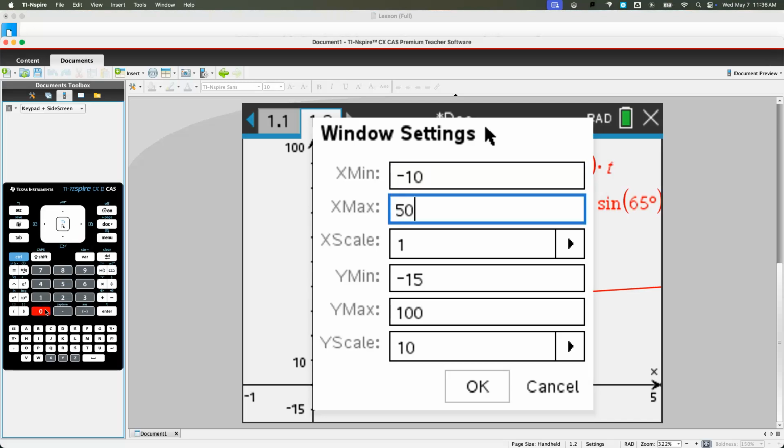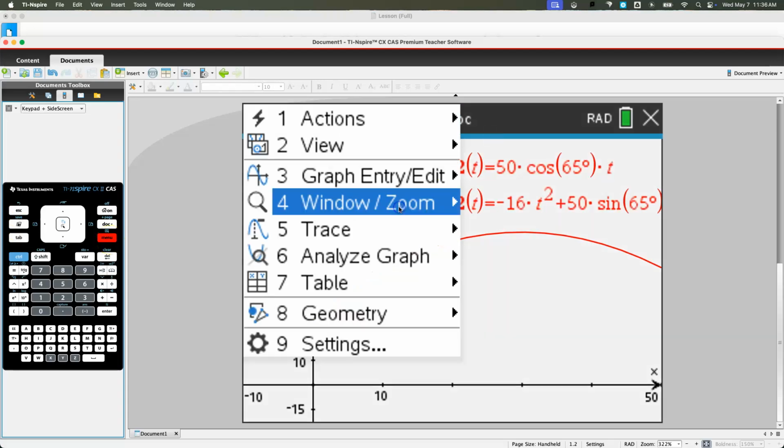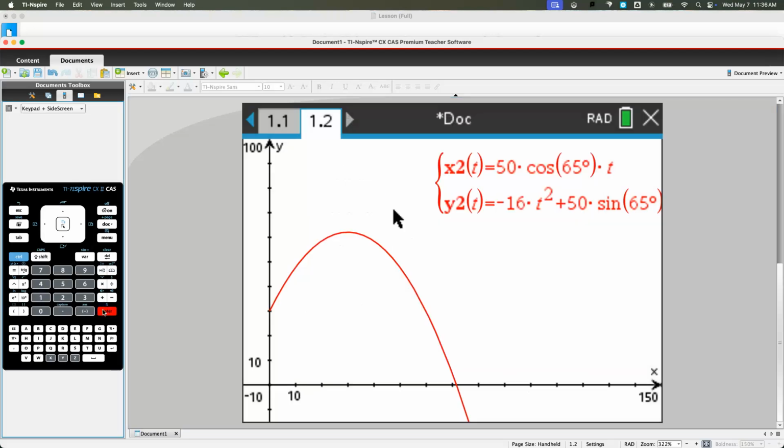Let's go out 50. Let's go by tens. Didn't go out far enough, right, with 50. So I got to go out even farther. Let's go out 150. 150 probably a little too much, right? 10, 20, 30, 40, 50, 60, 70, so we could have gotten by with 100.